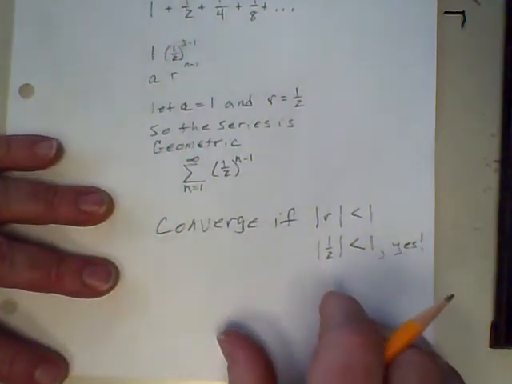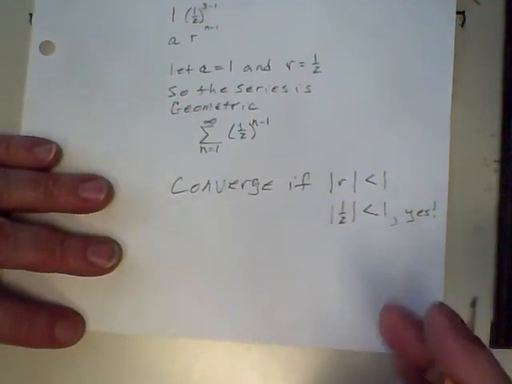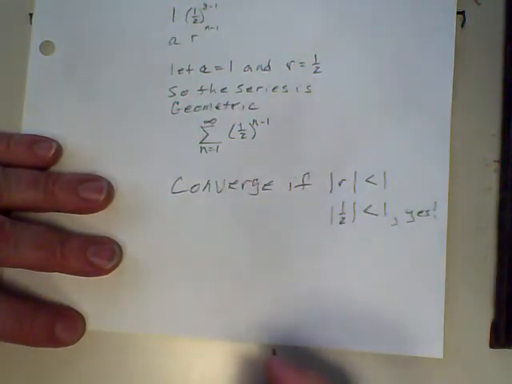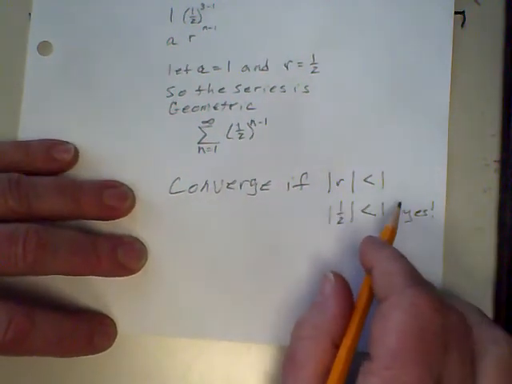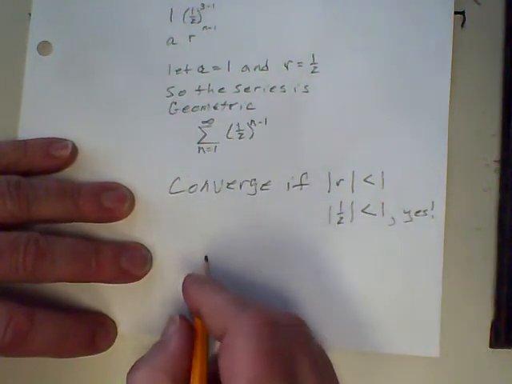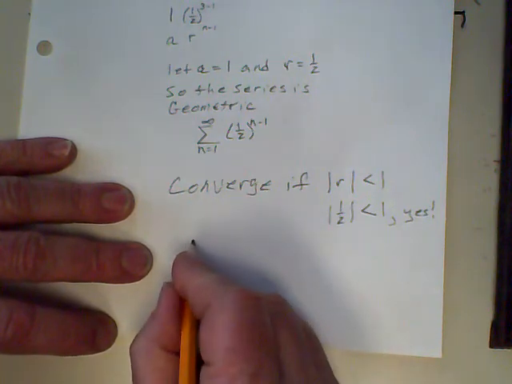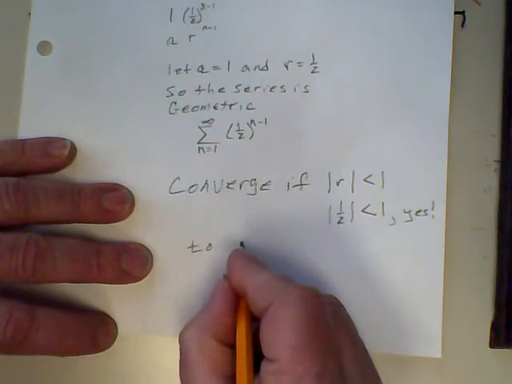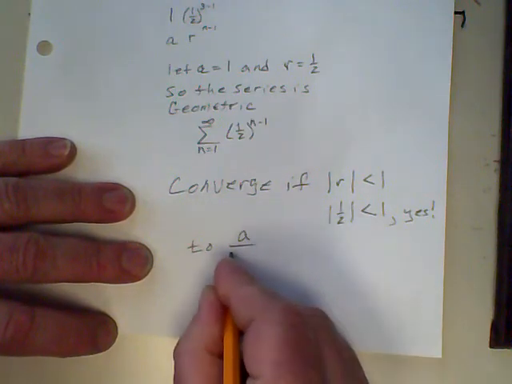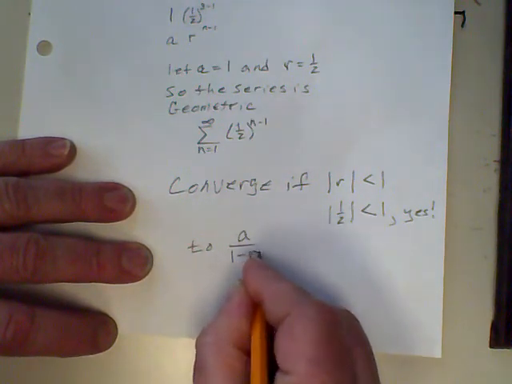Okay, now the other thing we know from this same theorem is that this converges if the ratio is less than 1, and since it is, we also know that it converges to a over 1 minus r.